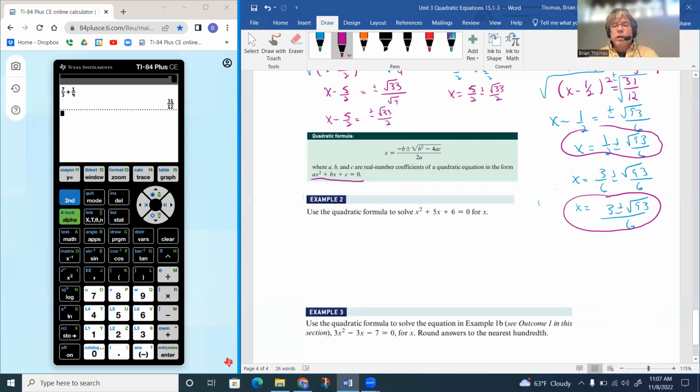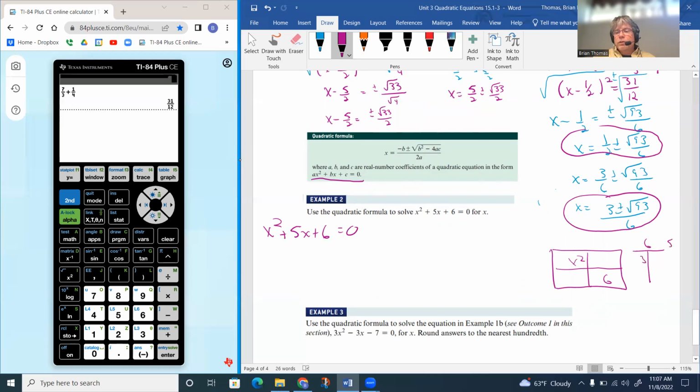So if I have x squared plus 5x plus 6 equals 0, notice that my first strategy would be factoring. Are there factors of 6 that add up to 5?